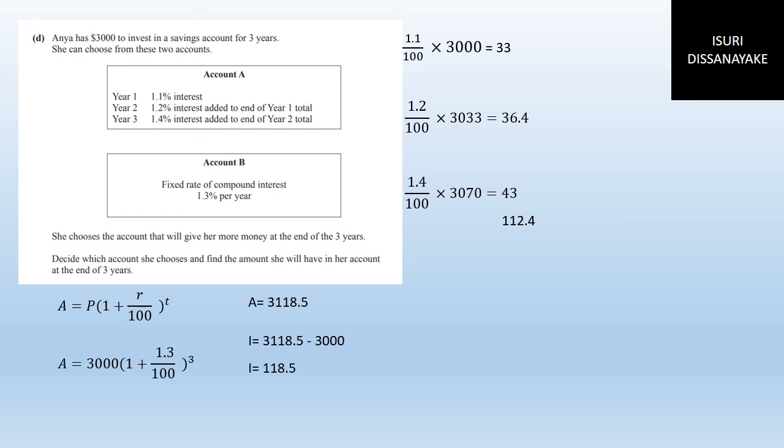But if you save the money in account B, at the end of the third year, your earnings would be $118.5. So it is advisable to invest in account B because it gives a higher interest.